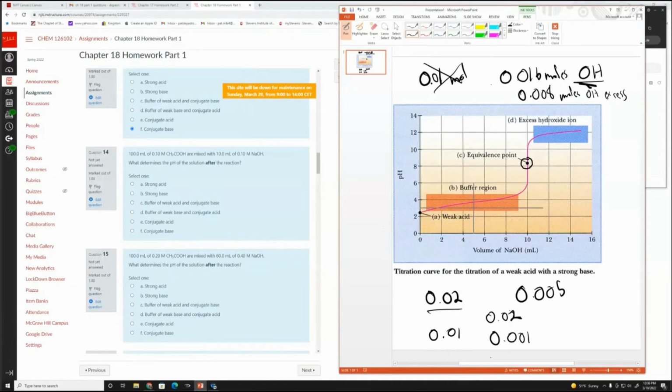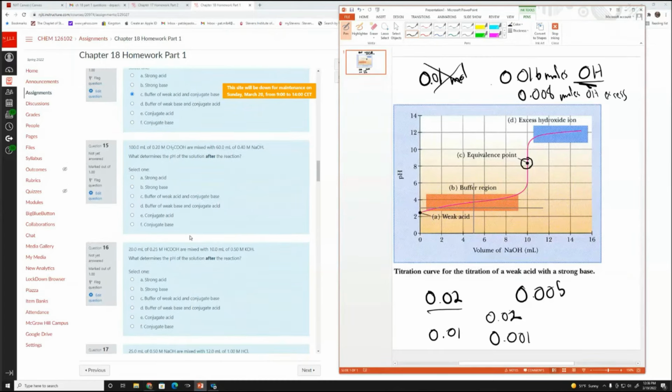So in this case, we have less base than we do weak acid, which means we're still in the buffer region, and the pH can be determined with the Henderson-Hasselbalch equation. It is mostly weak acid, and then a little bit of the conjugate base that is formed by the added NaOH.